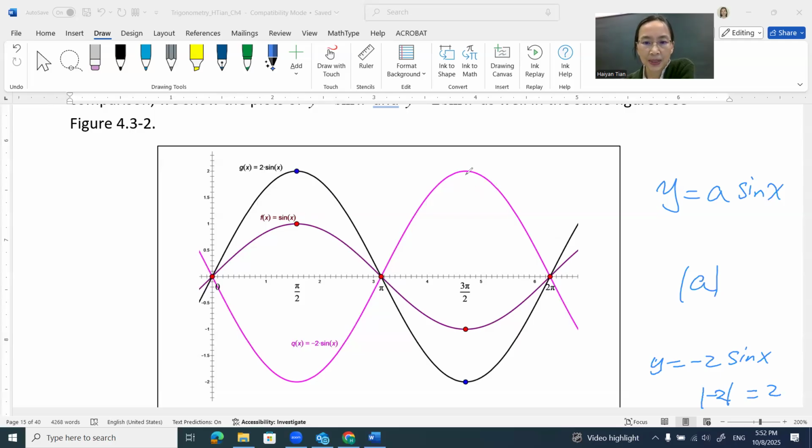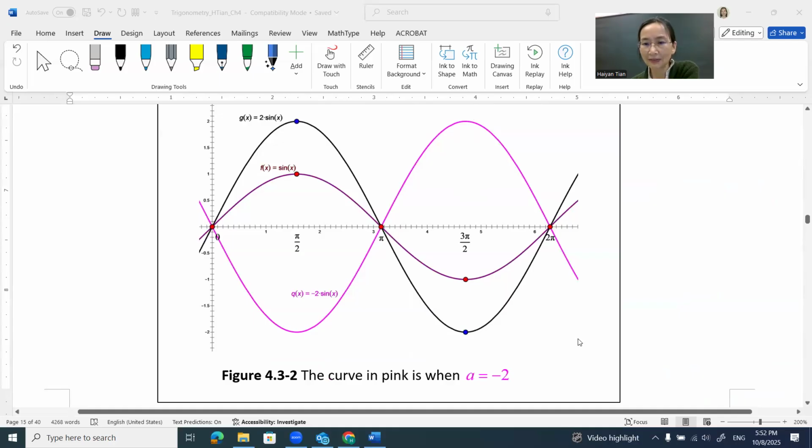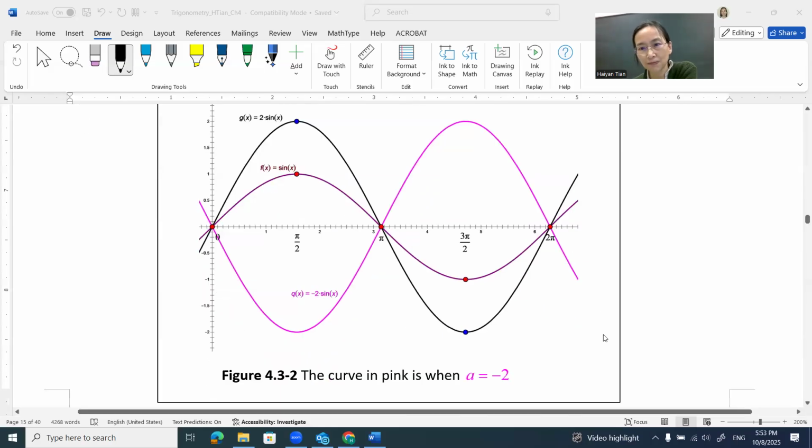As we can see, that's the largest distance from the x-axis. So the number A has an effect on the amplitude. When the absolute value of A is larger, then the amplitude of the function is larger.